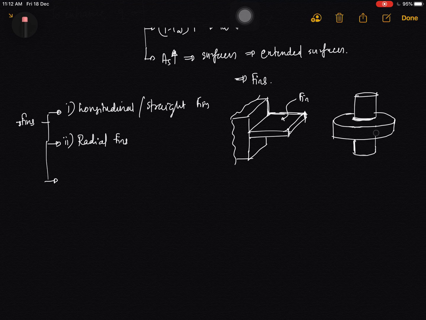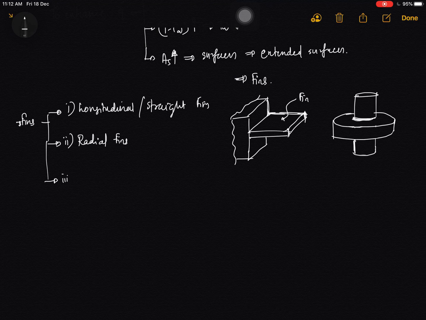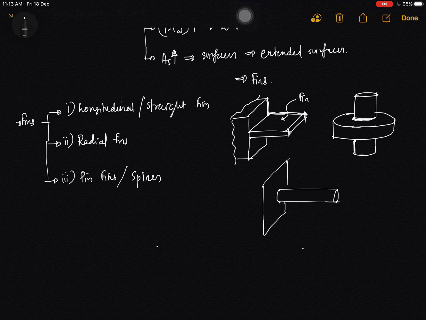I hope you people are getting some clarification on this radial type of fins. And the last type is the spine fins, or they are called spines. These are nothing but extended pins that are coming from the surface of a particular device or body.